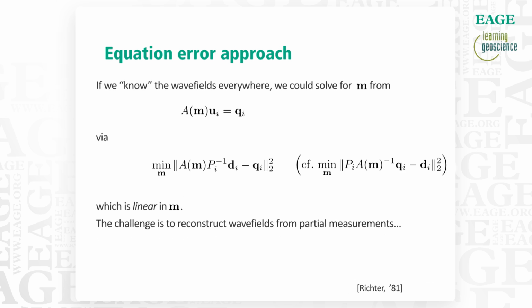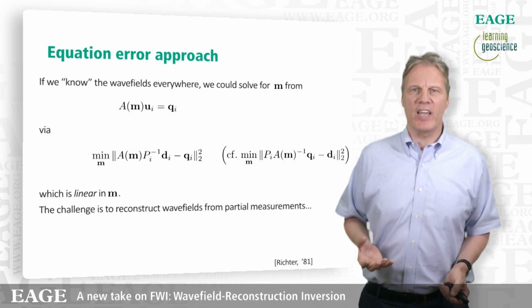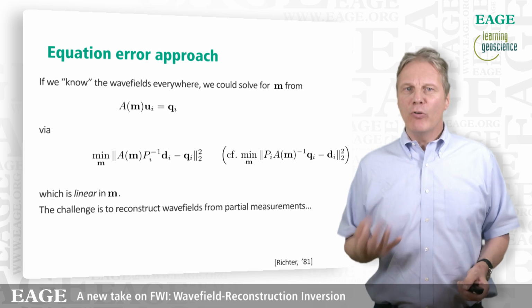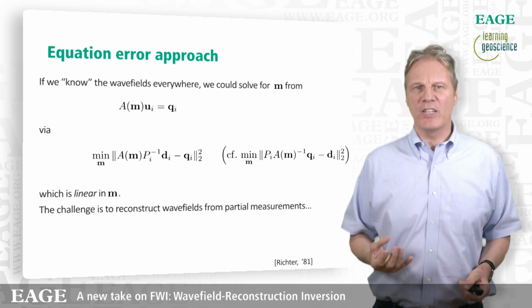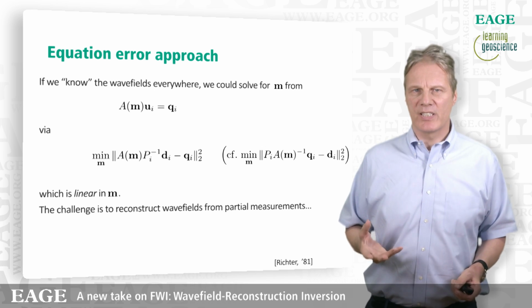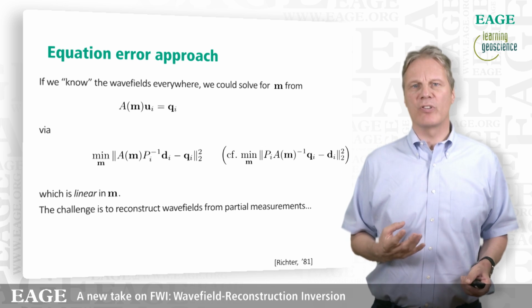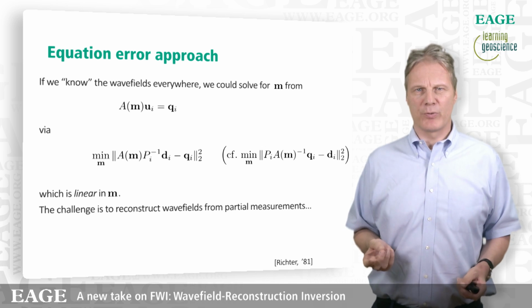So what we will do in our work is come up with a new approach that sort of holds the middle between these two approaches I just mentioned. And what we're going to do is take an ansatz where we assume for now that we know the wavefield everywhere. In that case, we can use the wave equation where we now know u for each source q, and we can then estimate m by solving a minimization problem that is listed as the second equation on the slide, which is very different from the equation that we use in adjoint state, where we invert the wave equation and then restrict to the receivers where you have the data.